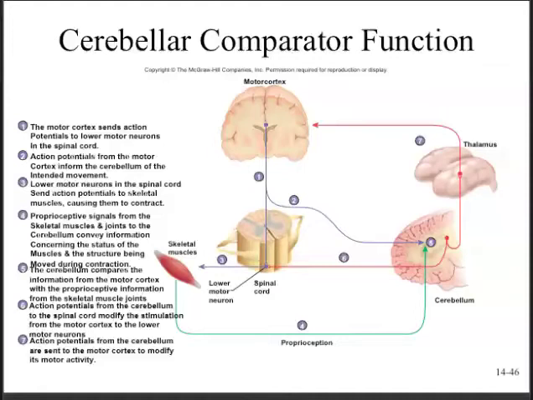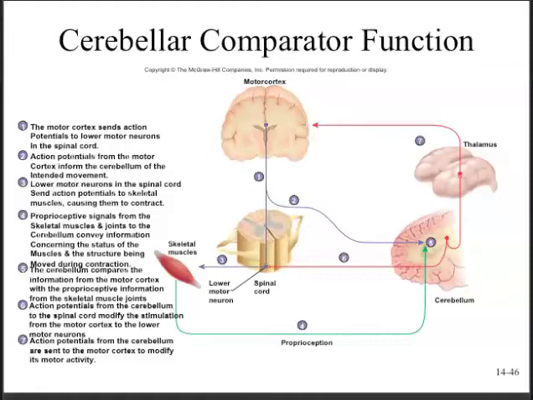Okay, the cerebellum is going to compare the information from the motor cortex with the proprioceptive information from the skeletal muscle joints so that our intentions match our actions, and then action potentials from the cerebellum to the spinal cord are going to modify the stimulation from the motor cortex to the lower motor neurons. The action potentials from the cerebellum are then sent to the motor cortex, and they modify its motor activity.